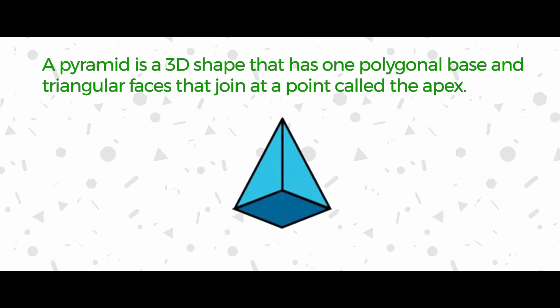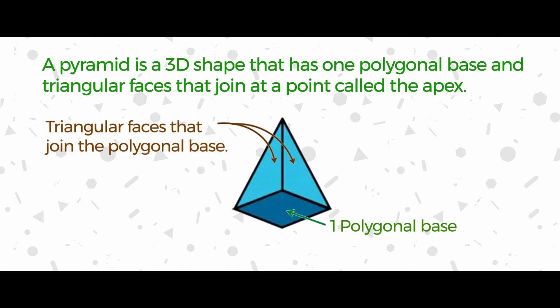A pyramid has only one polygonal base, alright? And there are triangular faces that join at a point. And that point on the top vertex is called the apex.